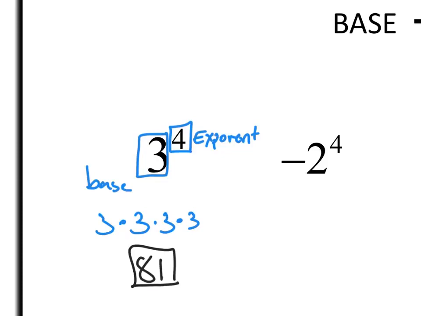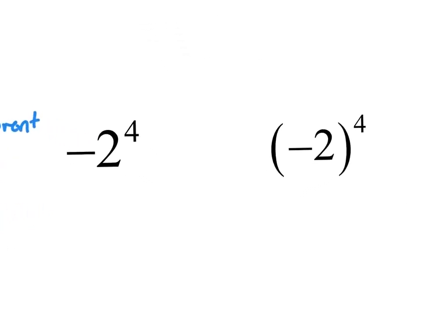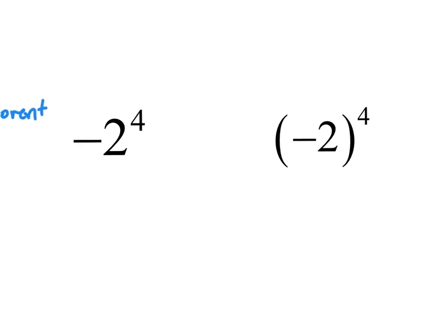Now, you also have to know the difference between negatives with parentheses and with no parentheses. Let's look at the base that has no parentheses. We have a negative here with no parentheses. When that happens, you bring down the negative first of all. So I just put the negative right here.